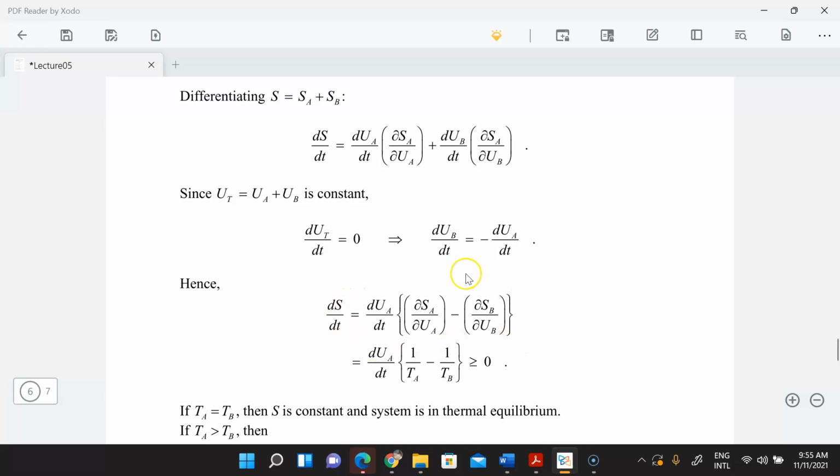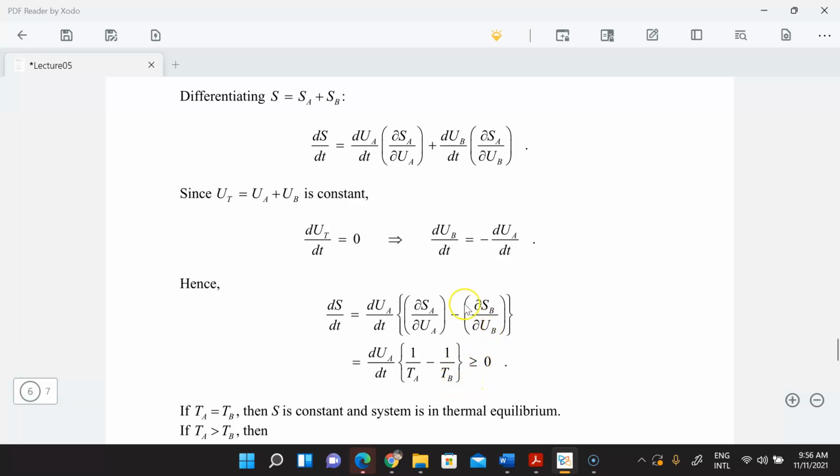One of the things we need to do is to remember some of the derivatives that you have seen before. When we learned about free energies, we had first order derivatives of the entropy with respect to energy, which is equivalent to the inverse temperature. You can look it up from the last lecture, if I'm not mistaken. So this is 1 over temperature, and this is 1 over the temperature of the other subsystem.